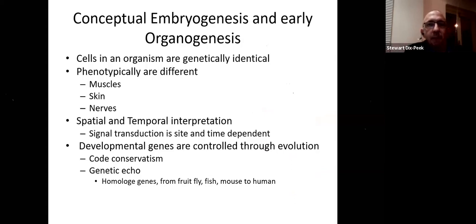What do we need to know here? Remember that basically all of your cells genetically are usually identical. I know, Nico, you're going to jump in and talk about chimeras and mosaicism, but most of us have the same genetic imprint in all of our cells, but phenotypically we differentiate.